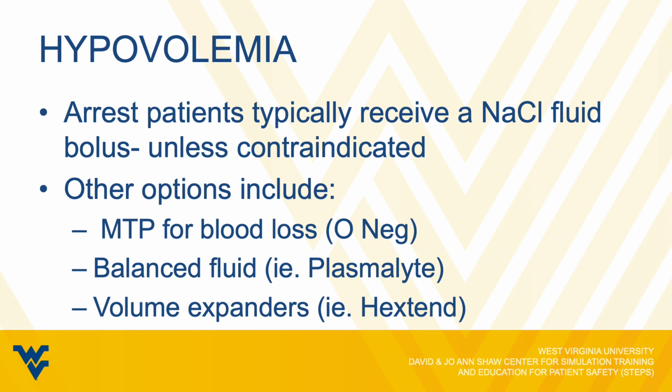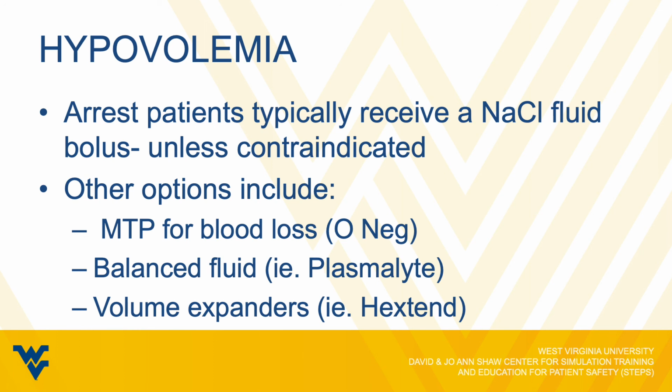But most children have hypovolemic states from nausea and vomiting, and adults can too. So keep in mind that hypovolemia doesn't have to be massive blood loss. Just because the patient isn't bleeding on the outside doesn't mean they're not hypovolemic. Most arrest patients, unless there's some good reason not to, it's worth giving them a liter of normal saline or some other isotonic fluid.